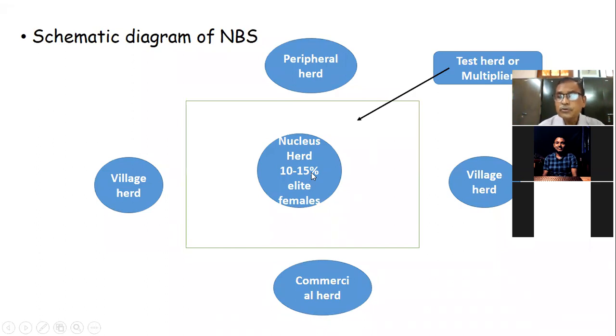If they produce calves, only 10 to 15 calves will be produced per year, because if the total herd strength is 100 cows, only 10 to 15 cows will be in the nucleus herd. It is expected that 10 to 15 calves will be produced.